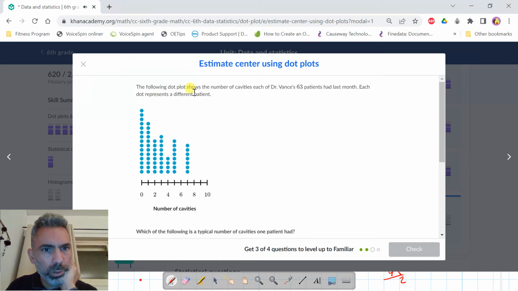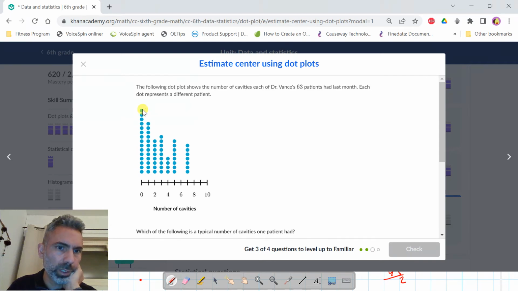The following dot plot shows the number of cavities each of Dr. Vance's 63 patients had last month. Each dot represents a different patient. So a great number of patients did not have cavities.